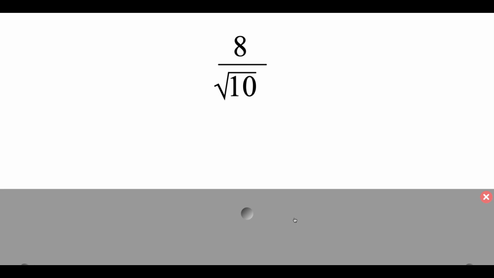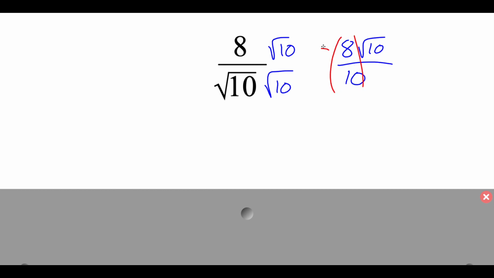Now as I look at this example, 8 over the square root of 10, if I rationalize this one by multiplying top and bottom by the square root of 10, on top, 8 times the square root of 10 is 8 times the square root of 10. On bottom, the square root of 10 times the square root of 10 gives me just a regular 10. Now, if I look at this 8 and this 10, there is some simplifying that I can do here. 8 and 10 are both even numbers, so these can both be divided by 2.